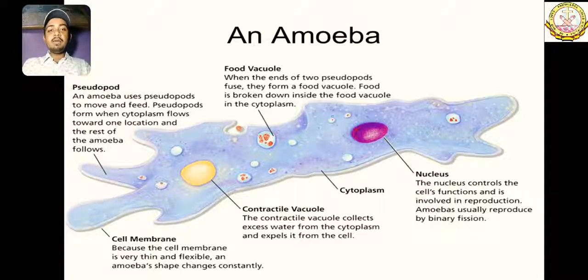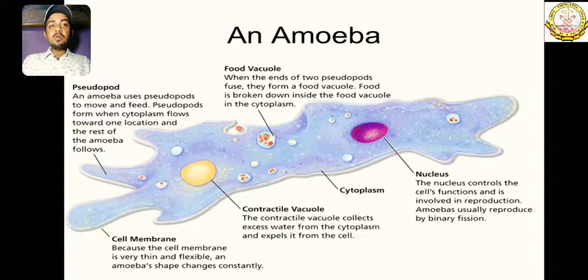Cell membrane. Because the cell membrane is very thin and flexible, an amoeba's shape changes continuously. It does not have a cell wall like bacteria.